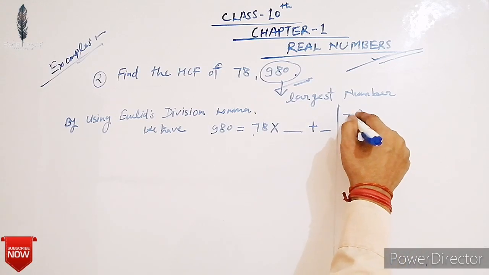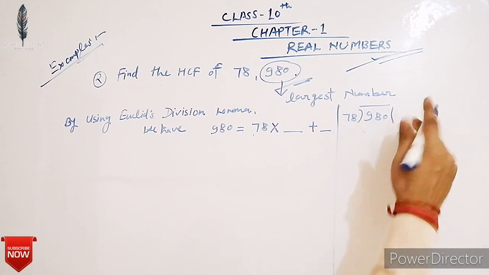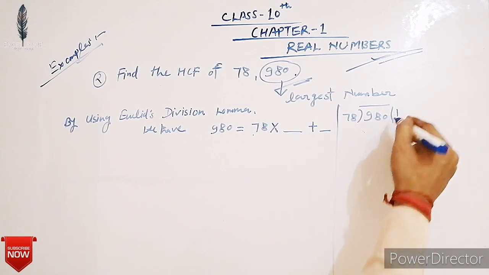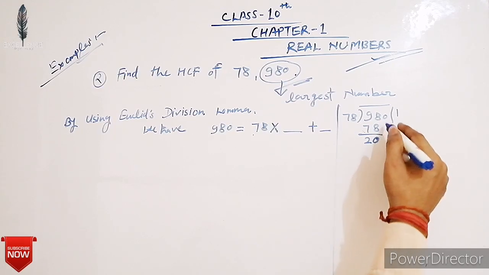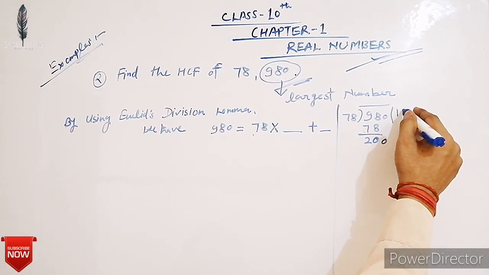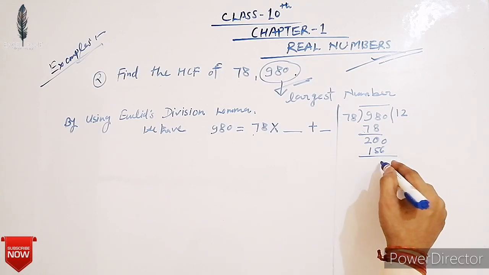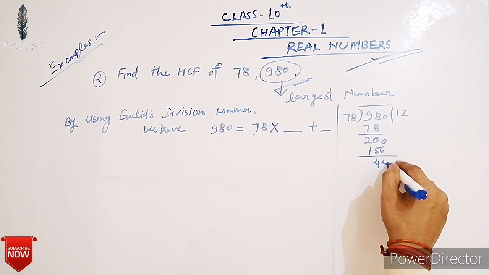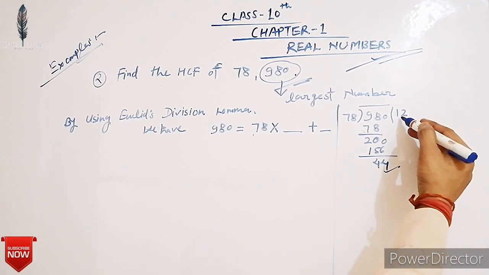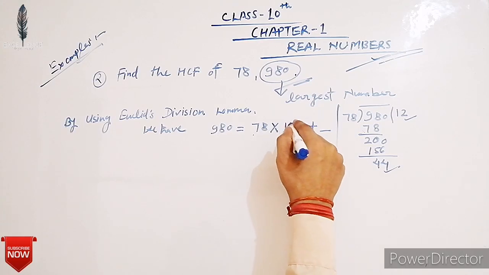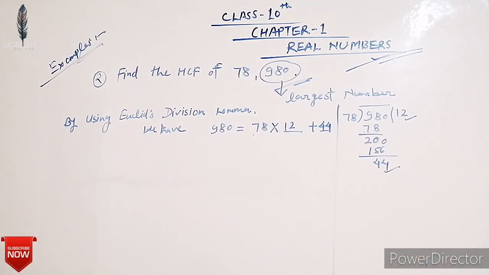To find the quotient and remainder, we use the division method. Here 1, 78, and 2, 156. So here we got remainder 44 and quotient 12.